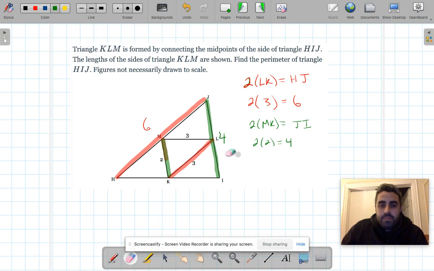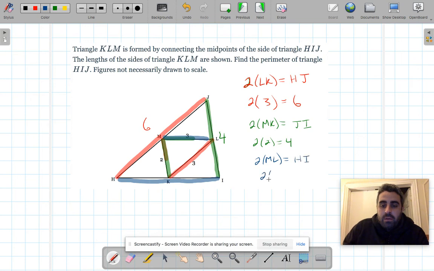Okay. Last but not least, we're going to look at ML and side HI. So we see that ML is 3. So I'm simply going to say 2 times ML is equal to HI.